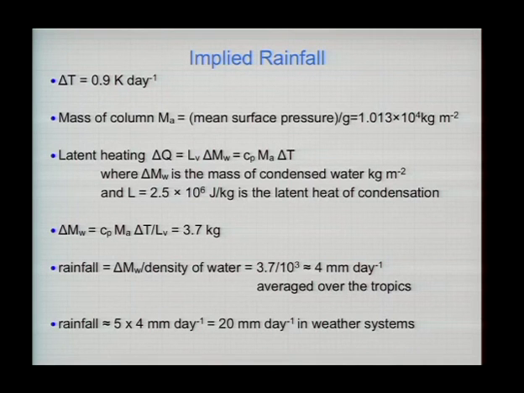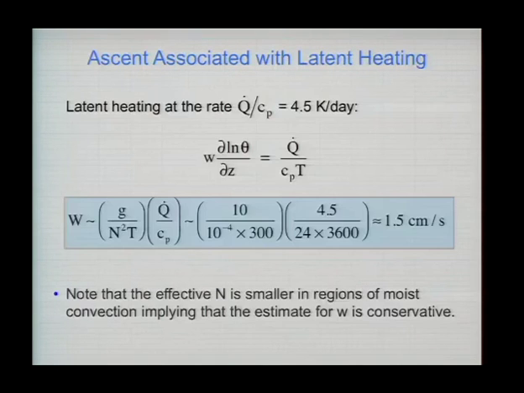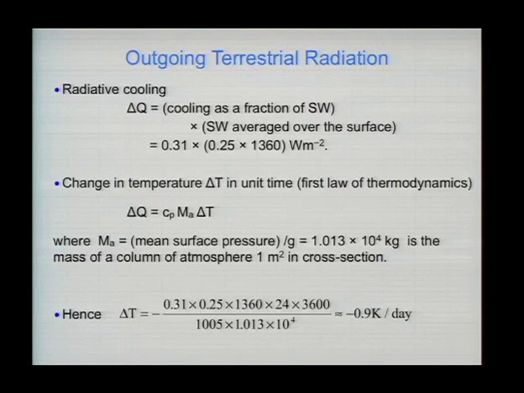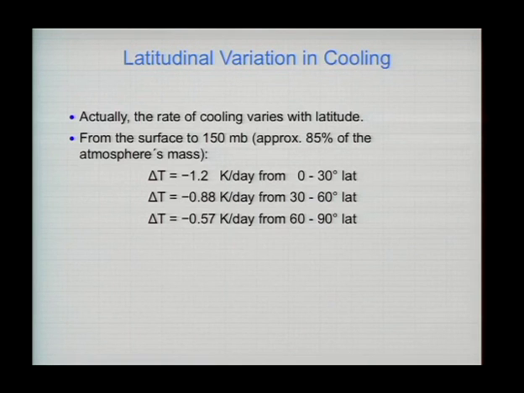So the heating rate will be the latent heat of condensation times the amount of water that's converted from gas to liquid. And that's equal to Cp Ma delta T, that's what I had back here. In other words, I'm now being a bit more explicit about where the heat comes from. It comes from the conversion of water in the gas phase to the liquid phase, it's like heating.